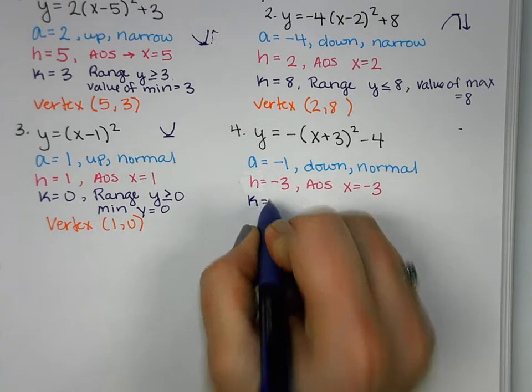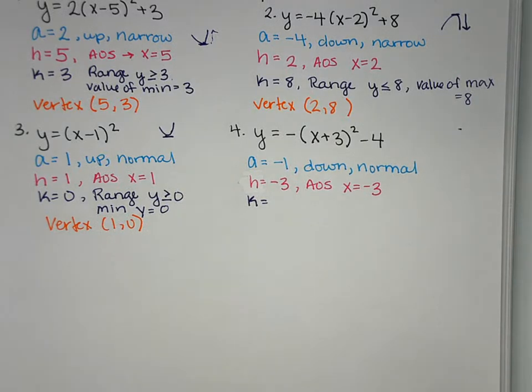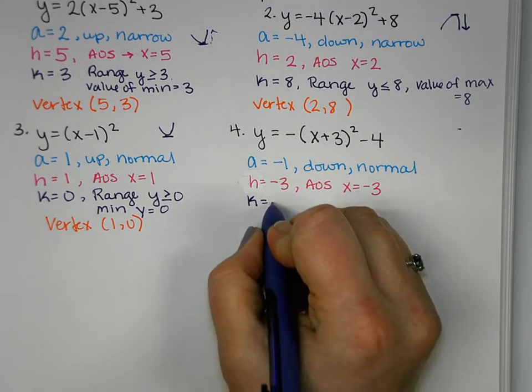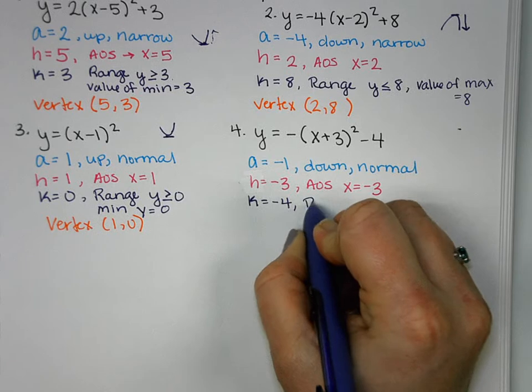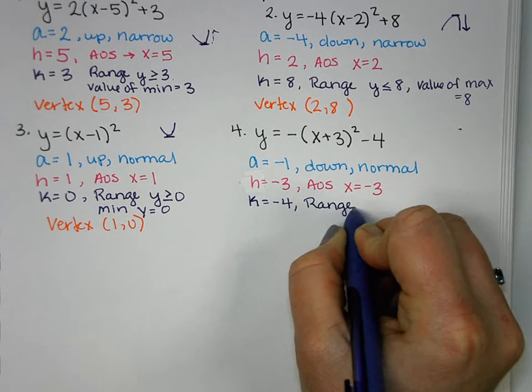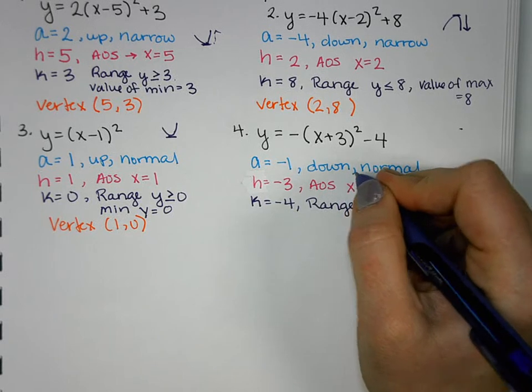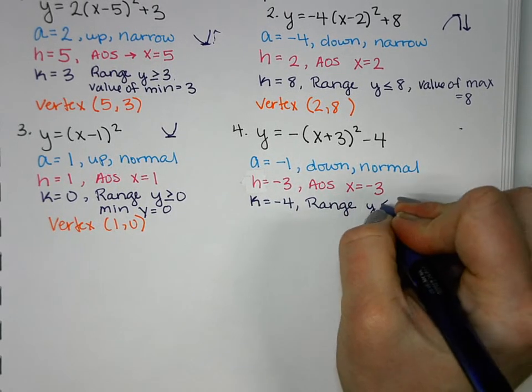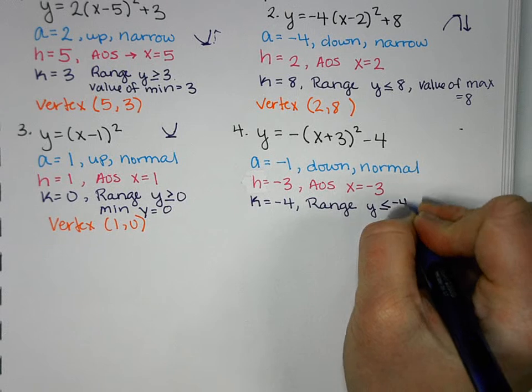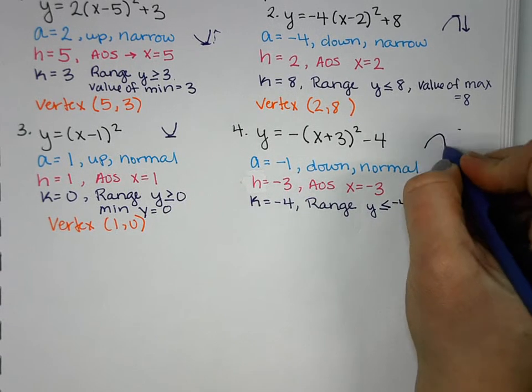K, -4. So that means our range is going to be y, it's going down, so less than -4. And again, it's going down, so are we going to have a high point or a low point?